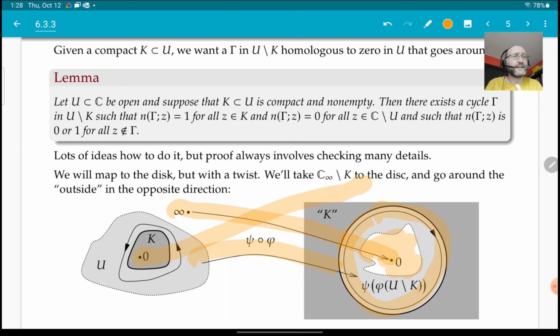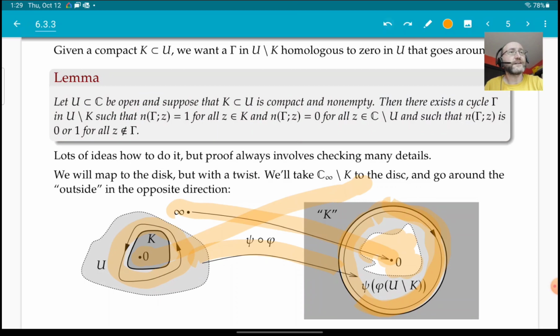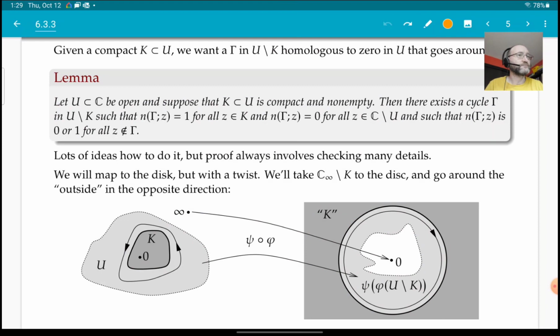If we go around in the opposite direction around the outside of U, we'll be going around in the positive direction around K. Basically, it's very easy to do this problem if the domain was a disk, and so we want to use that. Except it's not so simple, because U is definitely not simply connected.